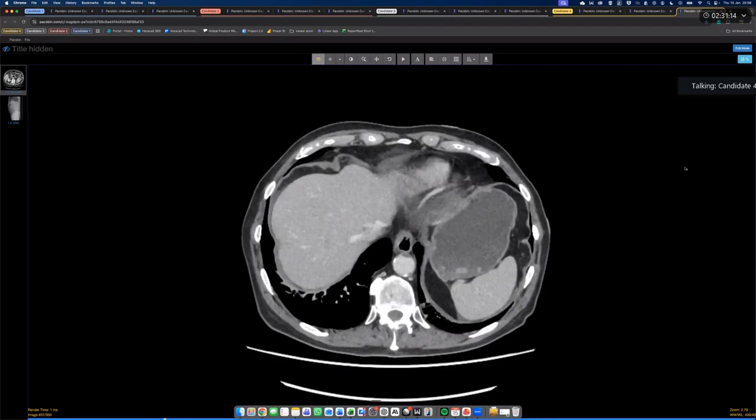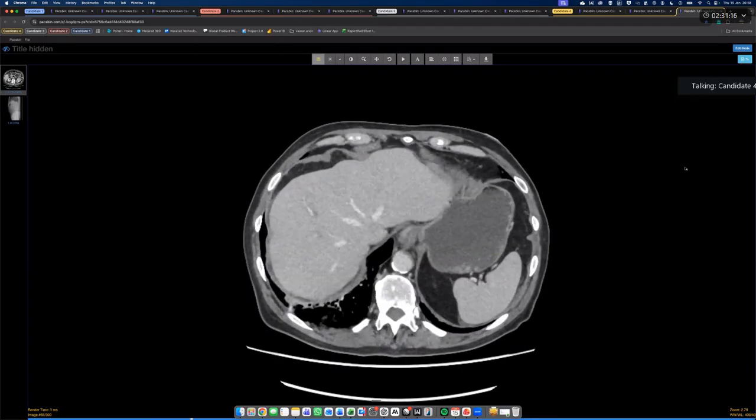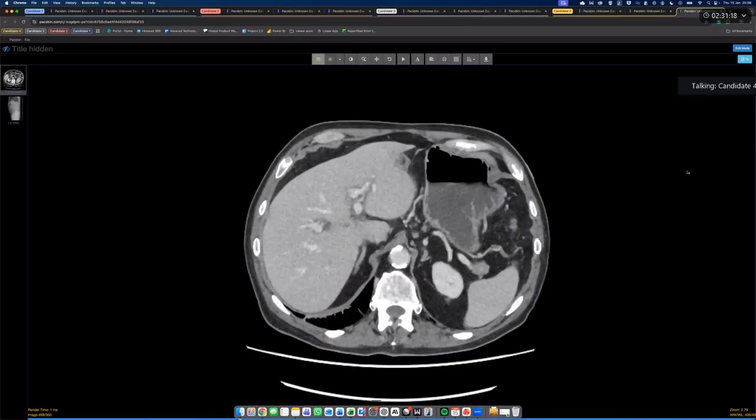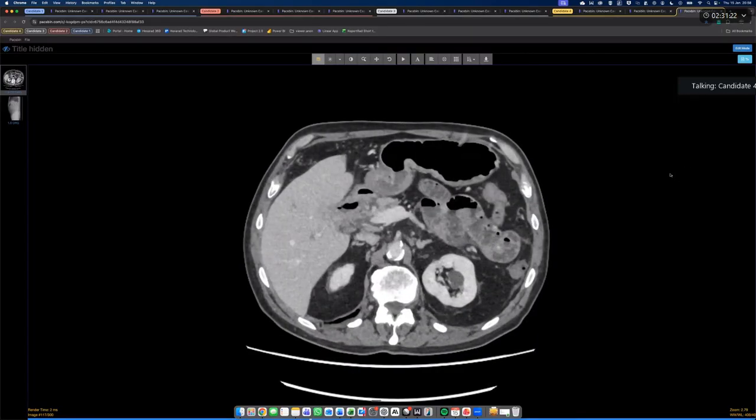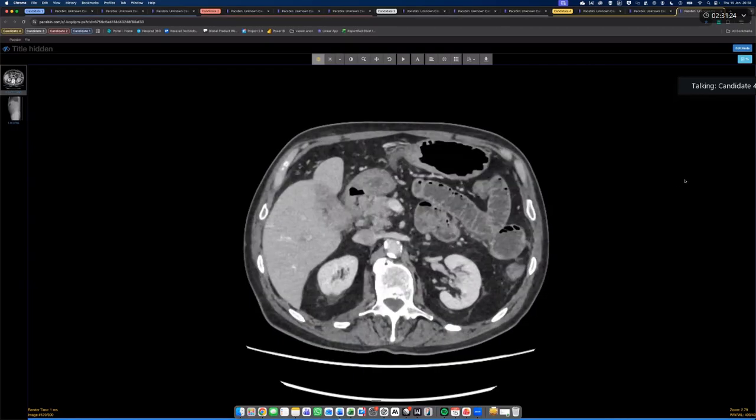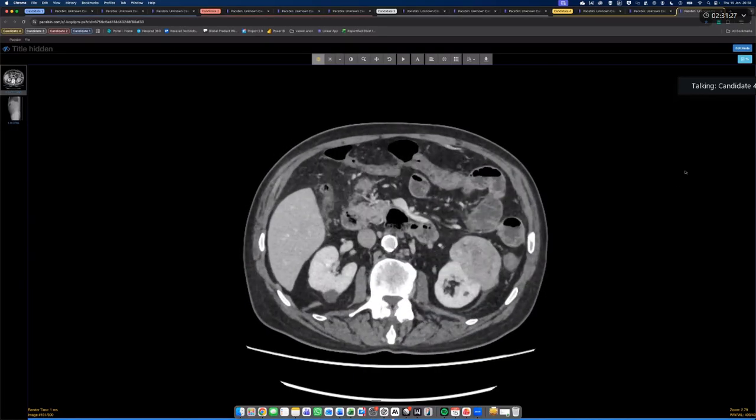These are portovenous phase. I will just have a quick look through the whole set of the images before I comment on my findings.